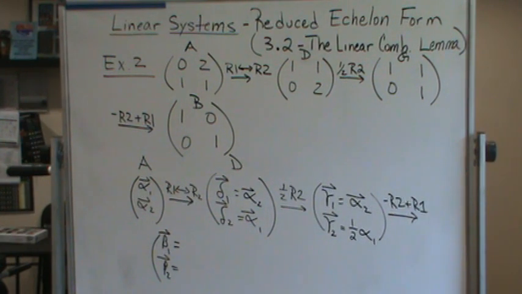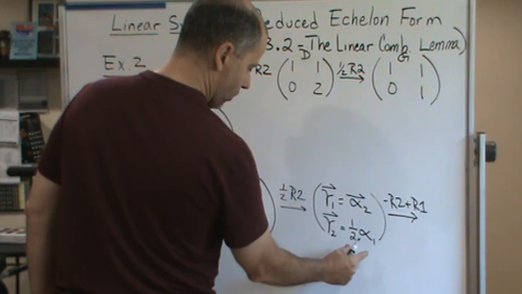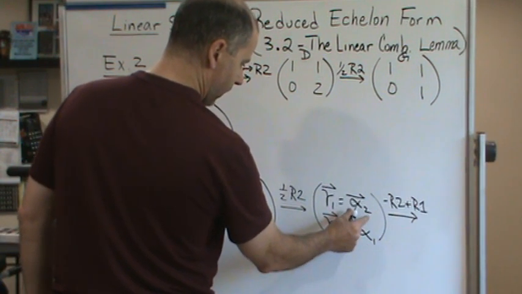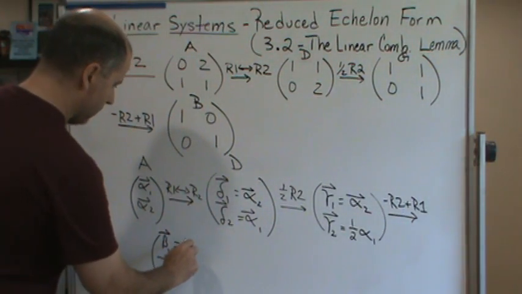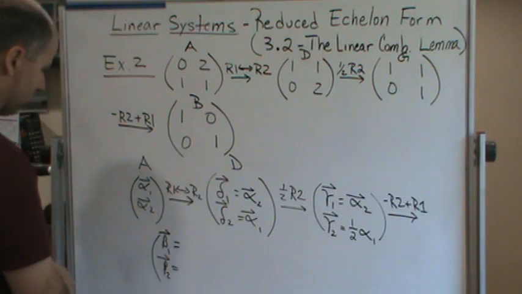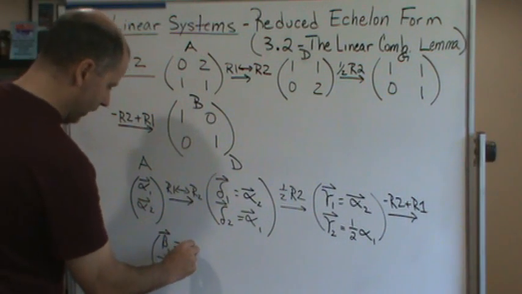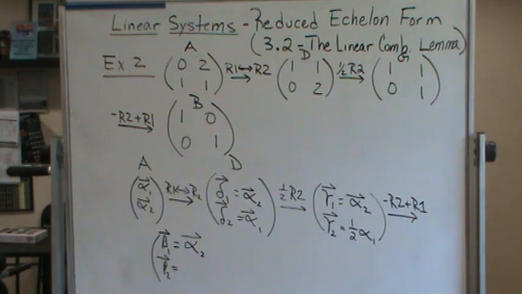We're taking negative R2, so we're taking negative this and adding it to this. So if we take negative 1/2 alpha 1 and add it to alpha 2, in other words, well, hold on a second. Beta 1 is going to be unchanged, so that's just going to equal alpha 2.